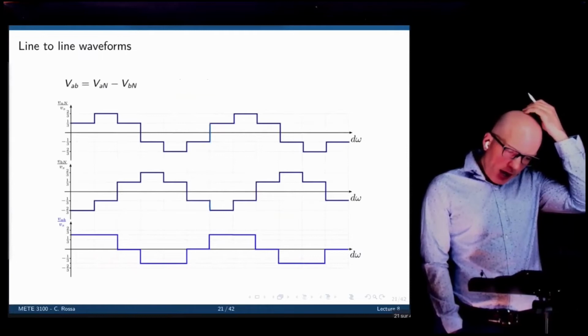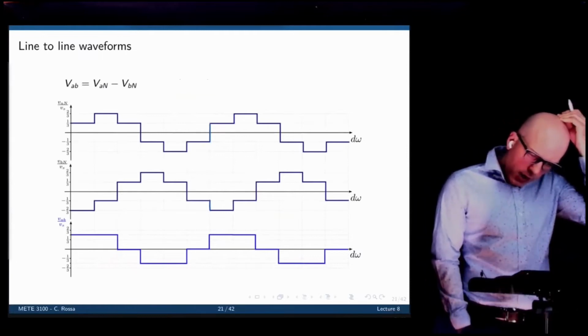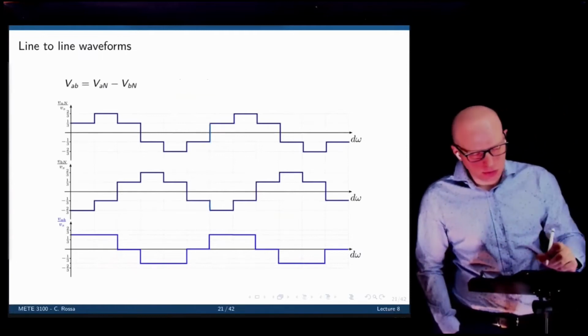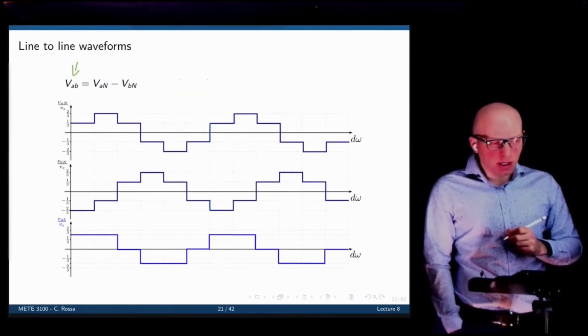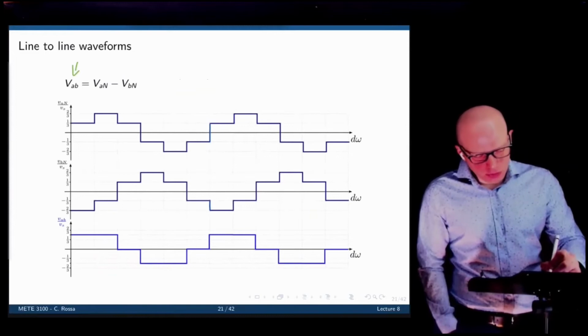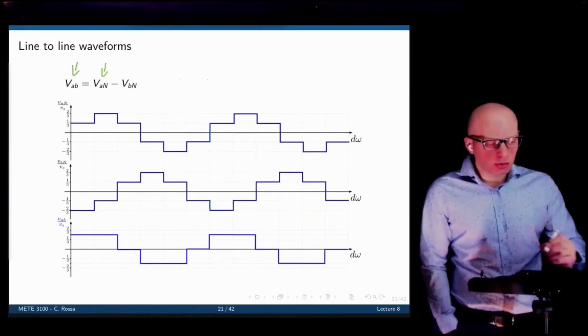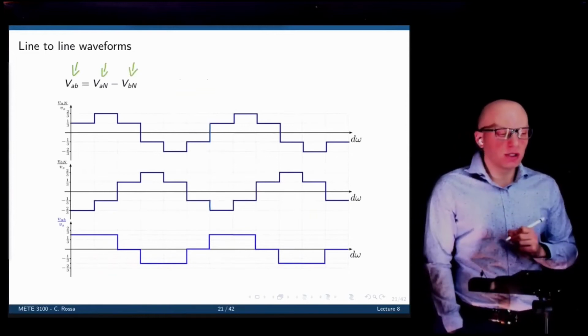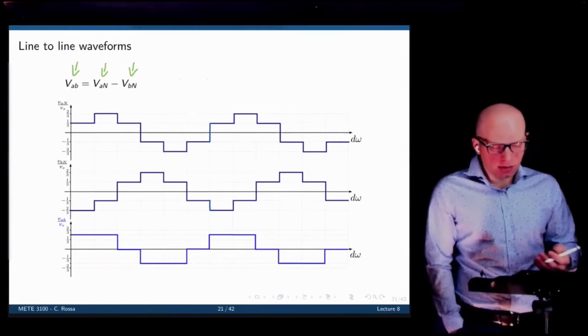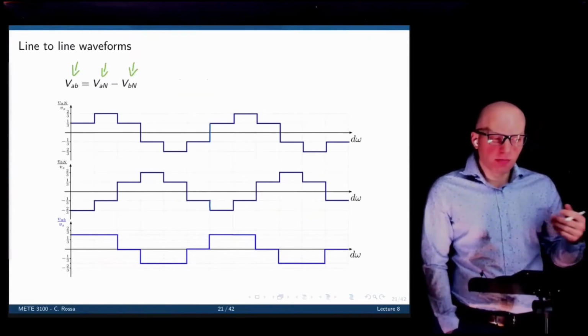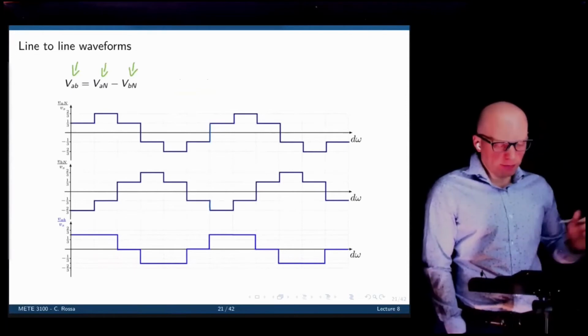All right, VAB is VAN minus VBN. So the voltage between lines A and B is the voltage between line A and the neutral minus the voltage between line B and the neutral. And then you again plot that for the exact same periods that we defined before.